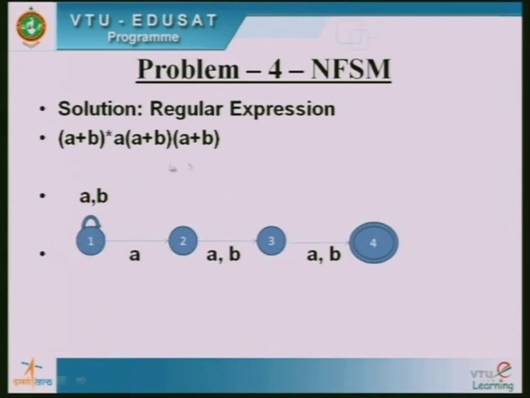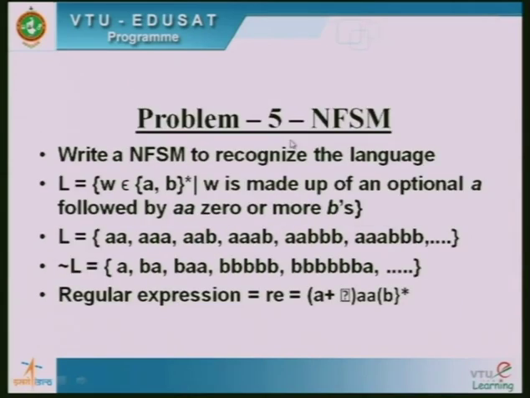So your homework will be to do the 4th and 2nd problem, you have to convert them to a deterministic finite state machine, and I will give the solution in the next class.